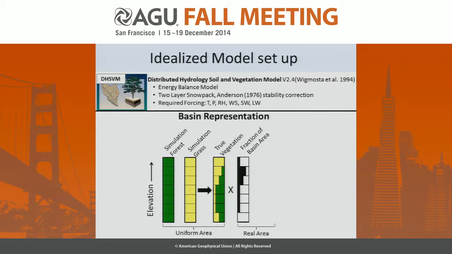And then using the observed area at each elevation bin, we can come up with the total volume of snowmelt and rainfall contributed at that elevation bin. So here we're not including runoff processes, whether we have frozen soil or saturated, but just focusing on the contribution of water available for runoff.